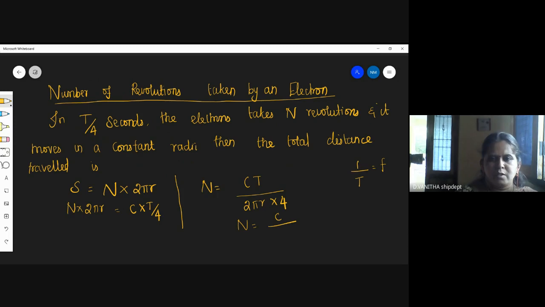So instead of this, we can write in terms of F, R into 4. This is the n value. This is the number of revolutions per second.